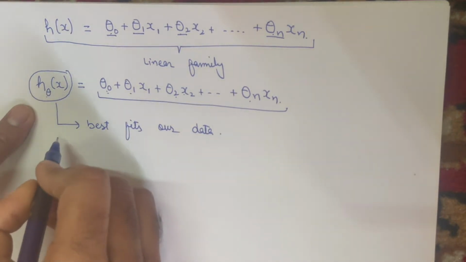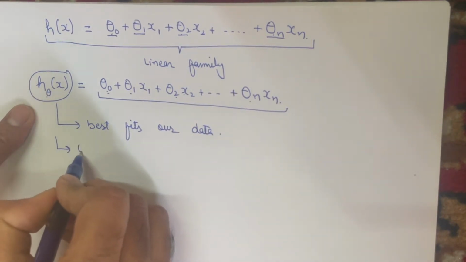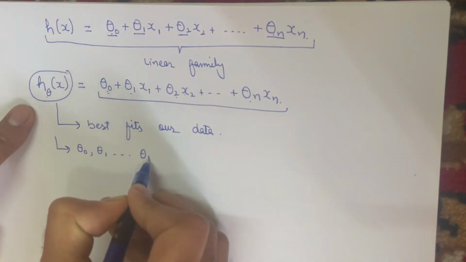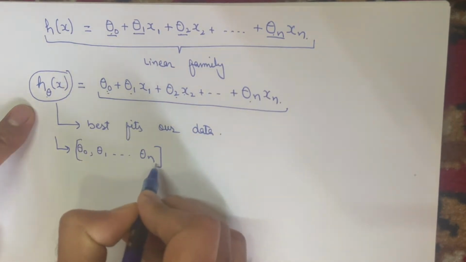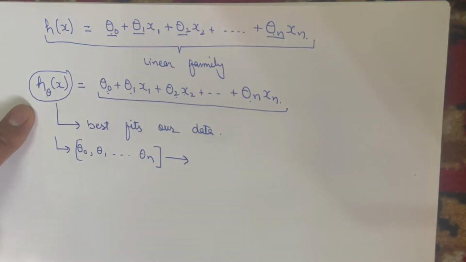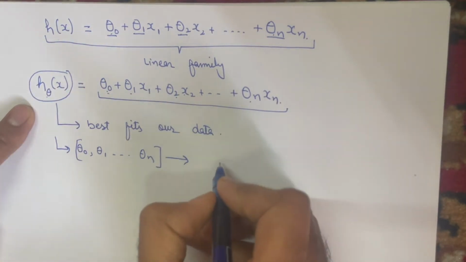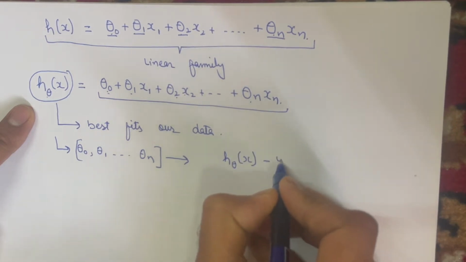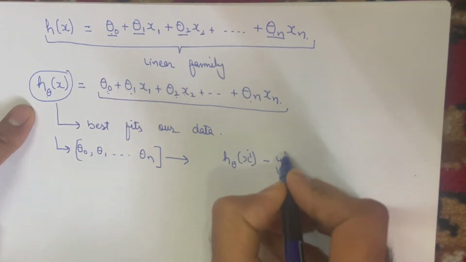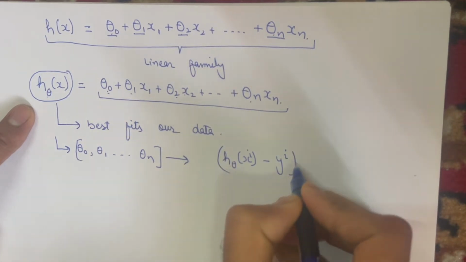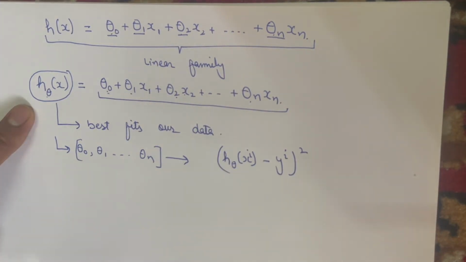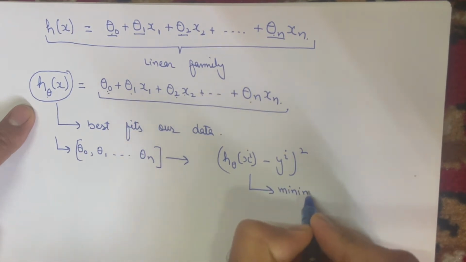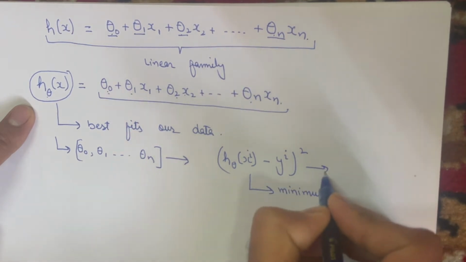We can find that by finding the value of these parameters. So we want to find the value of these parameters, that particular value by which this particular quantity, h theta xi minus yi whole square, this is minimum because this represents the loss.